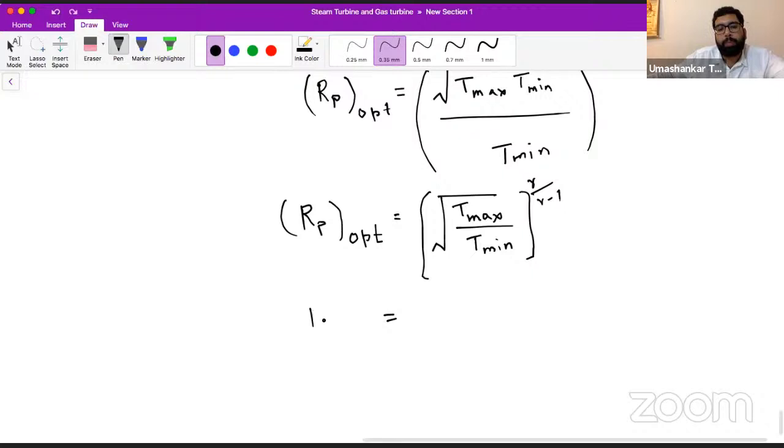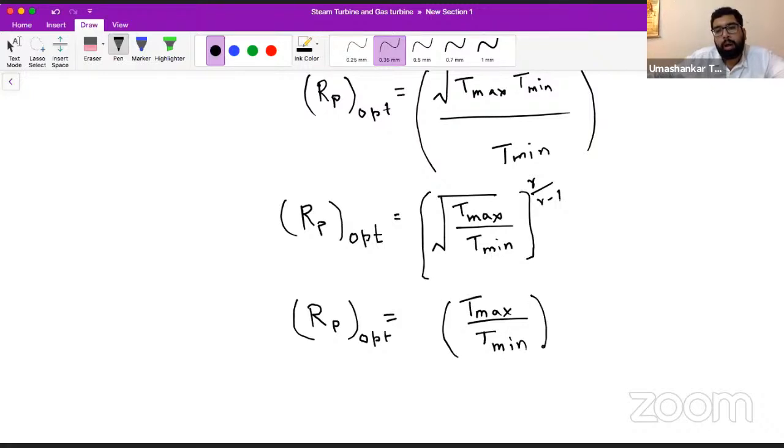That our optimum pressure ratio is T max by T min to the power gamma upon gamma minus 1, and we place 1 by 2 here.